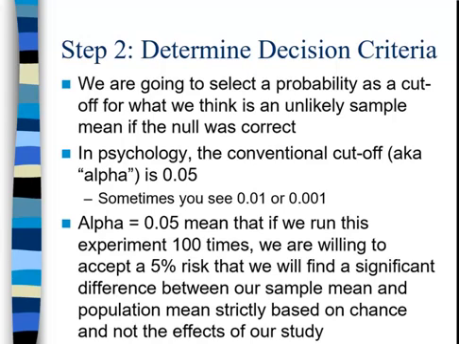So that our significant finding that shows a difference between a sample mean and a population mean is driven by chance and has nothing to do with the manipulation of our independent variable.